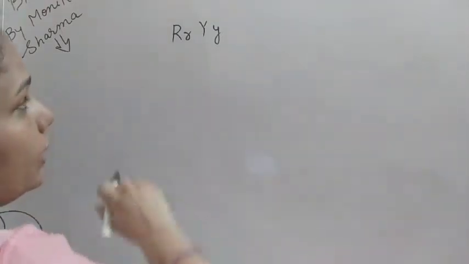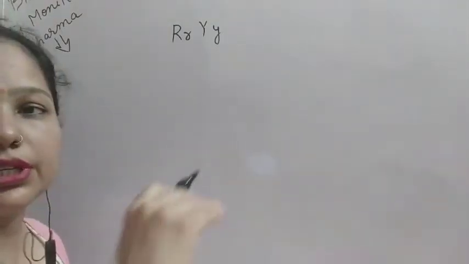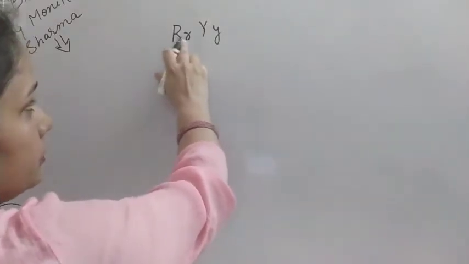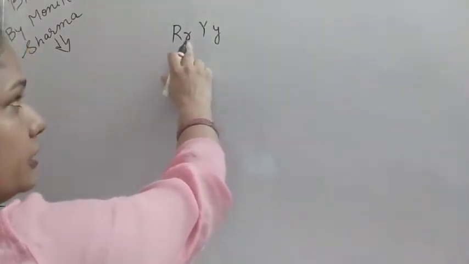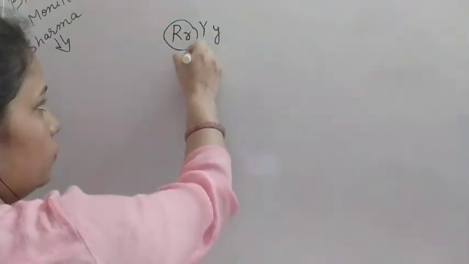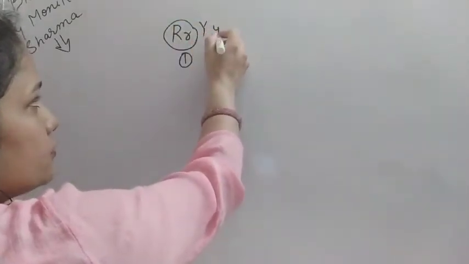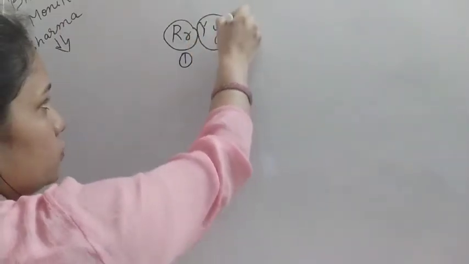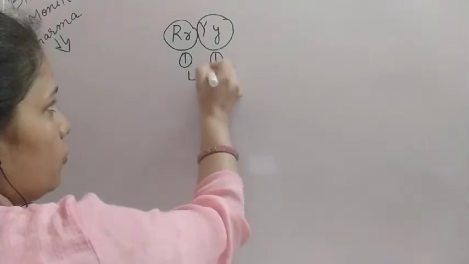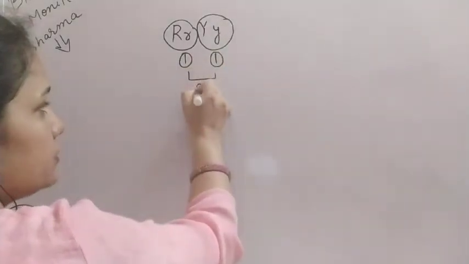Now we have to count the number of heterozygote. Because capital R, small r are different alleles, it is one heterozygote. And capital Y, small y is also a heterozygote, so I am writing 1 also. So total how many heterozygote in this?